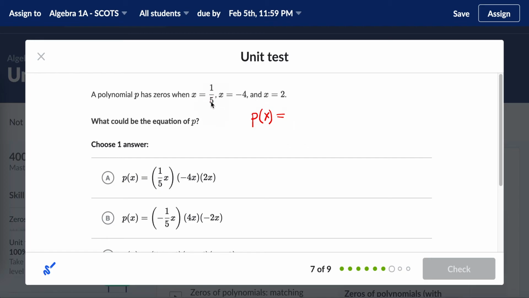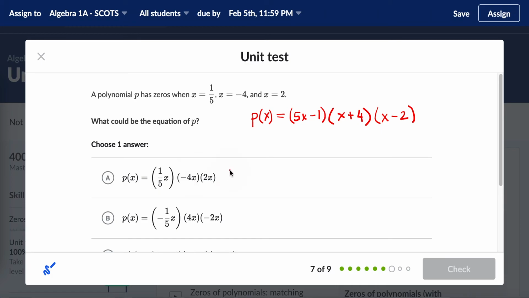So what we like to do, this is our coefficient of x. So we say that's 5x. Change the sign, so -1. There's one of the factors. And then we've got x plus 4, and x minus 2. So these are our 3 factors that we give based on that.